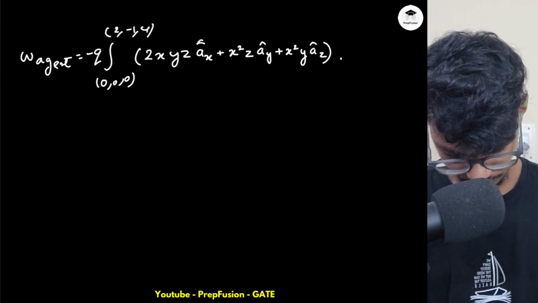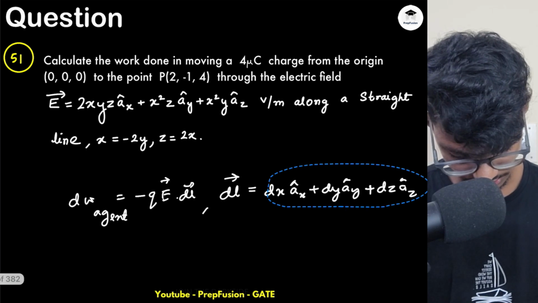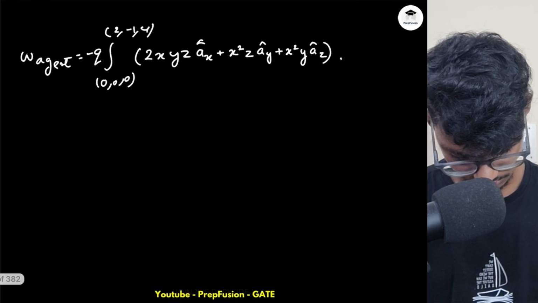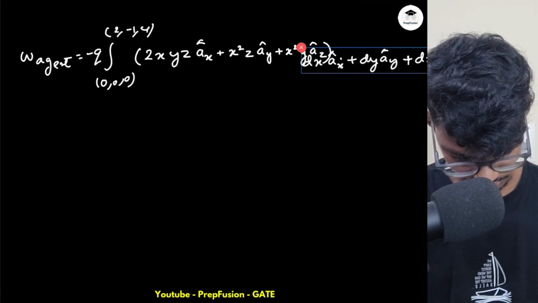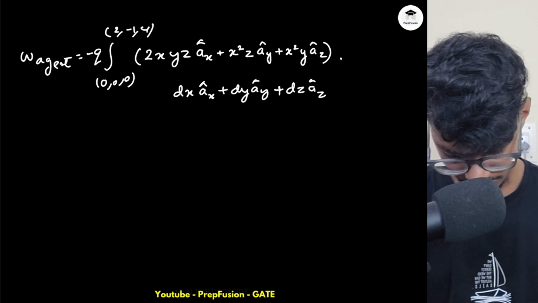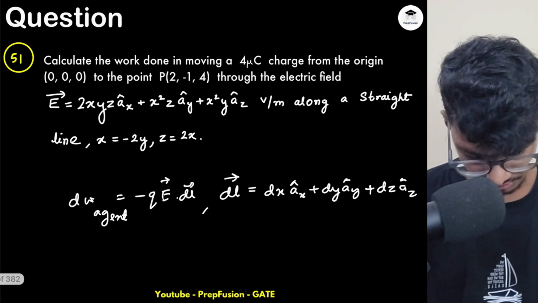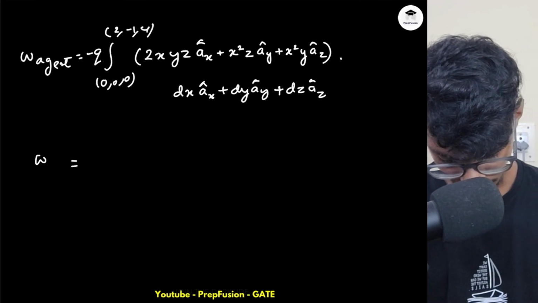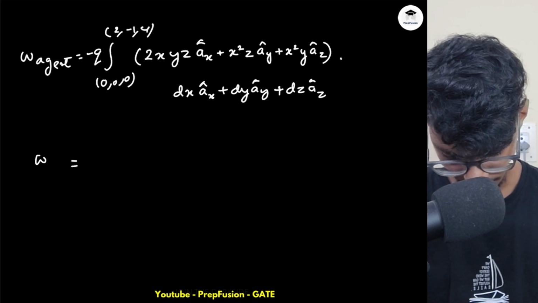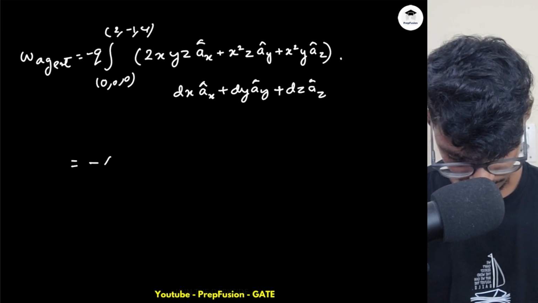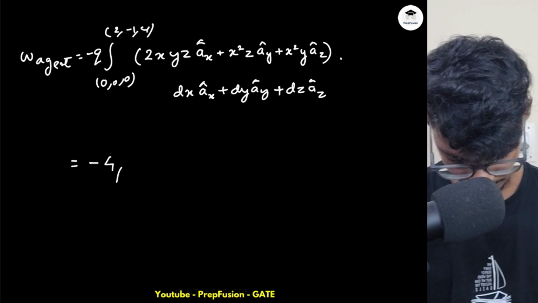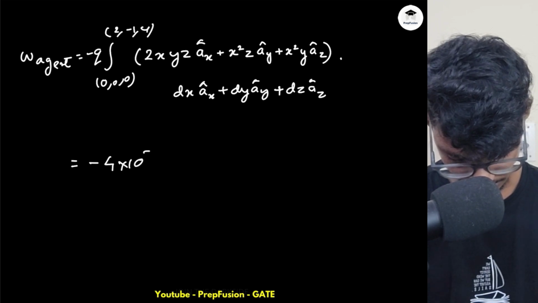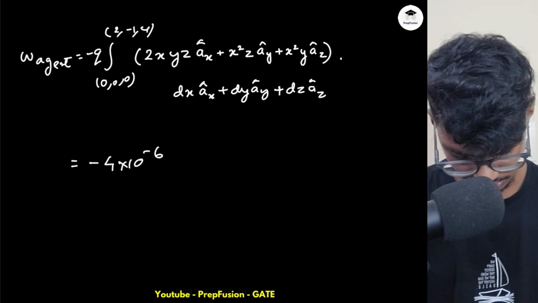Dot dl vector. So q is given as -4 microcoulomb, so work done will be -4 times 10 raised to power -6 times the integration.